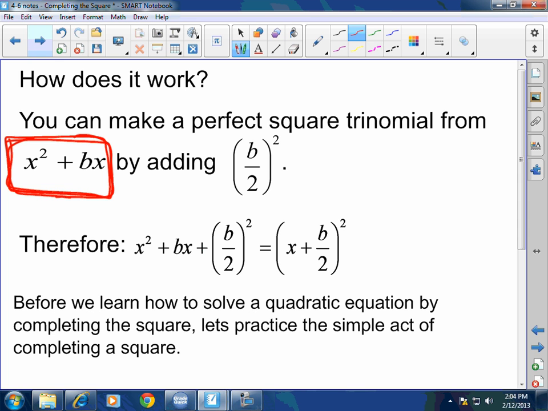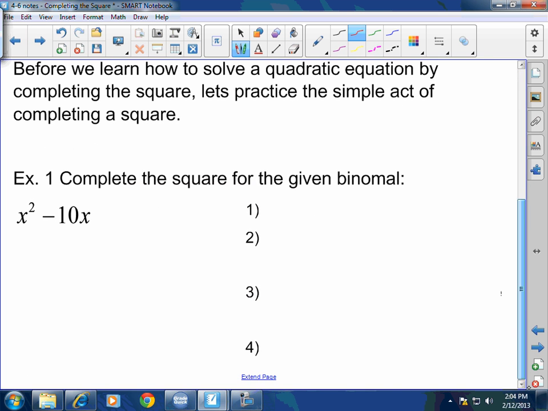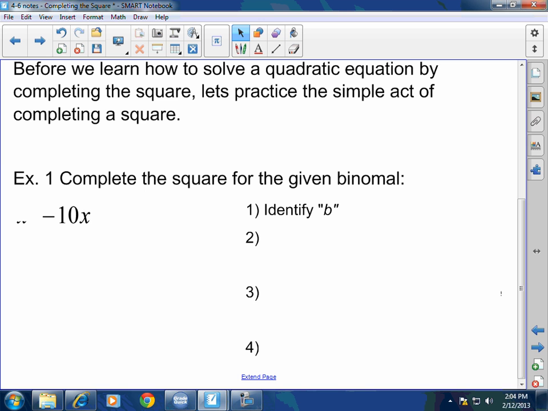Before we learn how to solve a quadratic equation by completing the square, let's practice the simple act of completing a square. So, for example, how do we do this? Complete the square for the given binomial. You've got x squared minus 10x. So my first step, identify b. What's your b here?